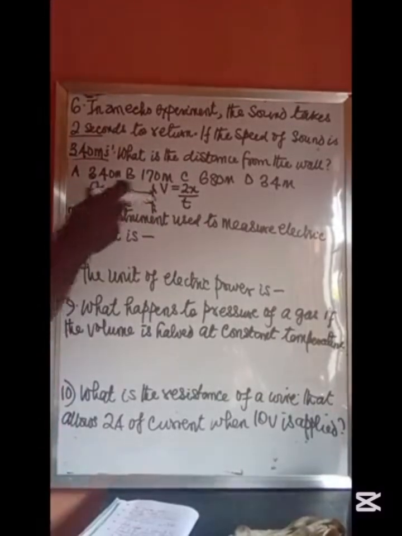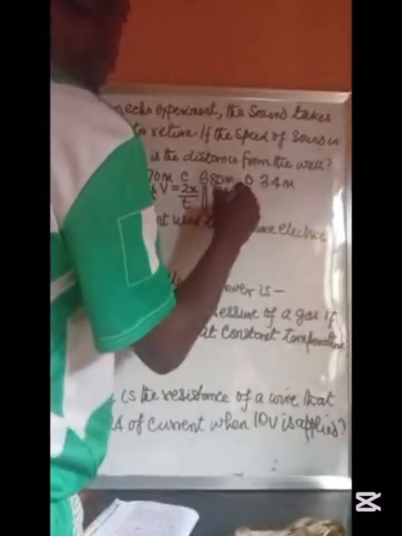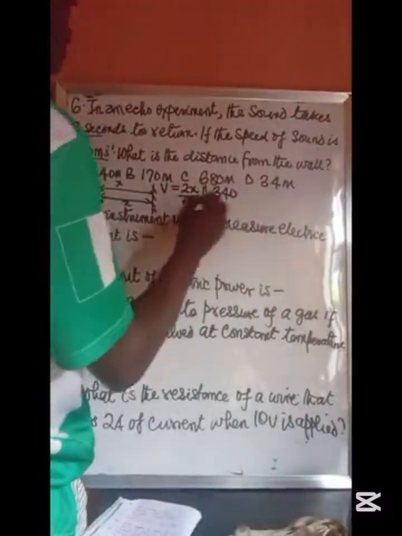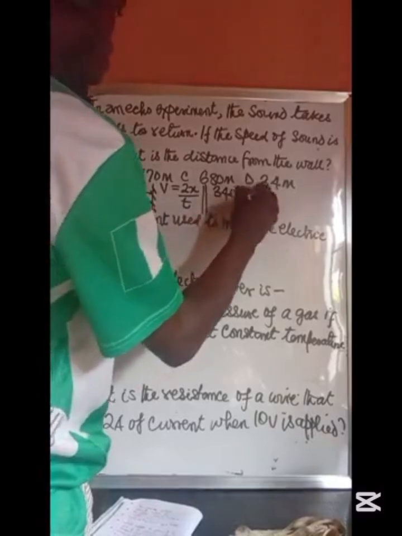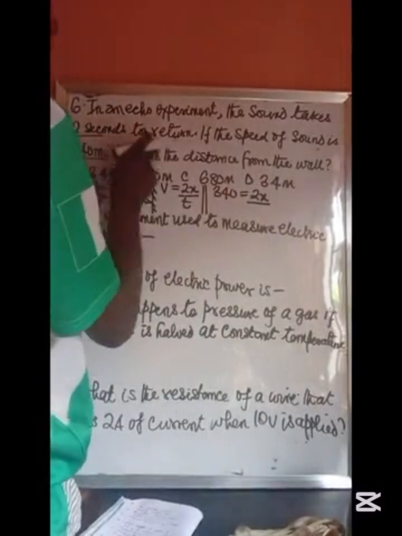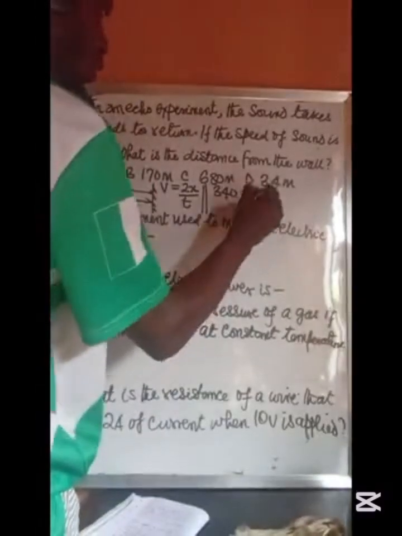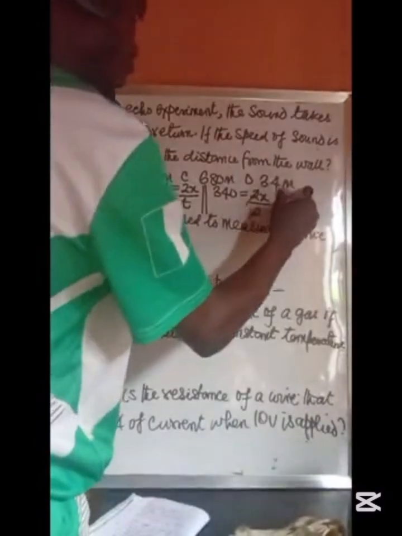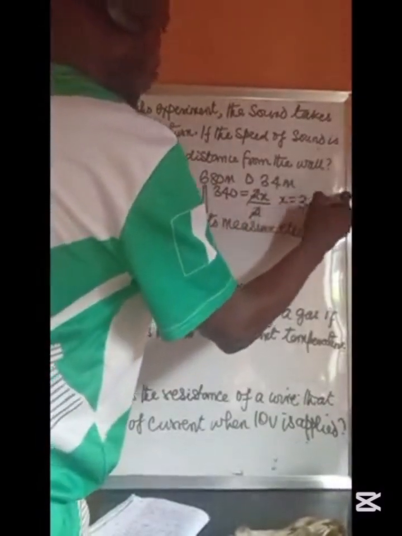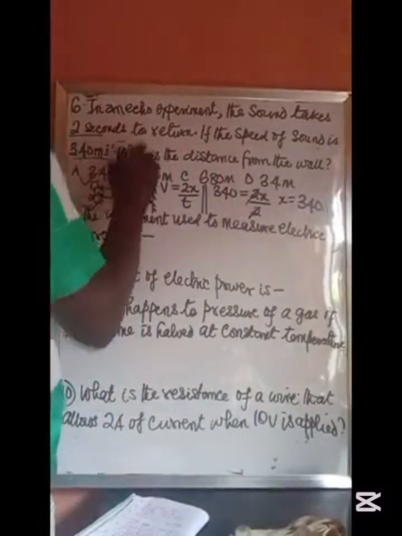In this case we have 340 equals 2x over t, and our t is 2 seconds. So 2 cancels 2, and of course x becomes equal to 340 meters. That's option A.